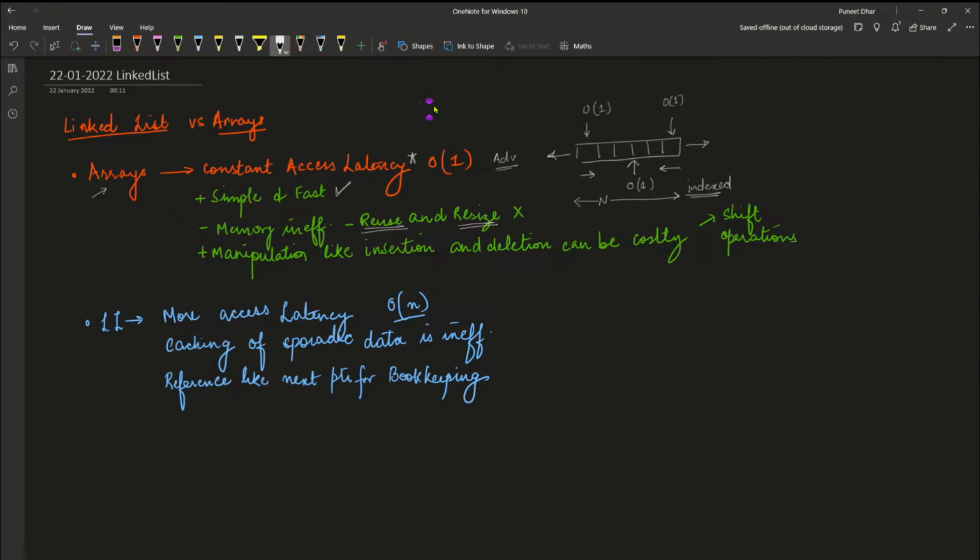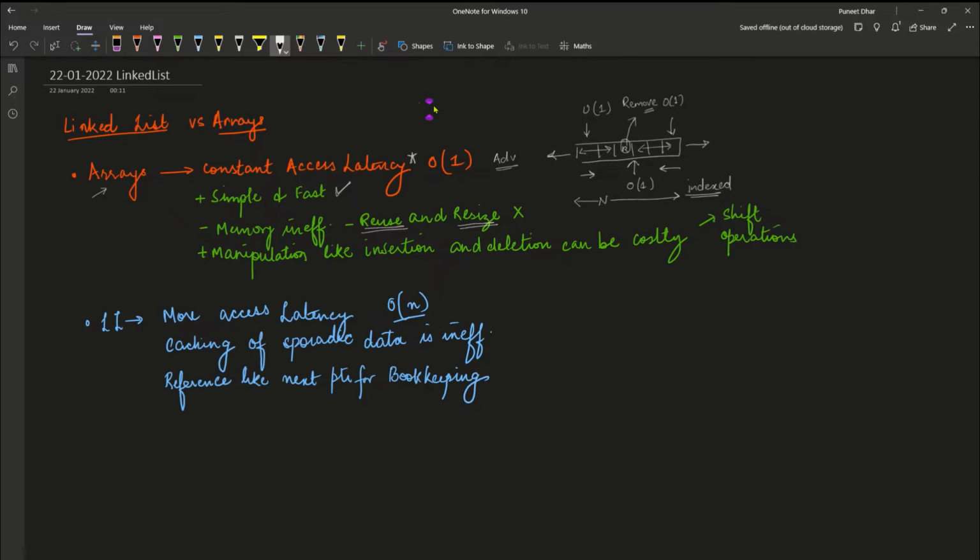And second, consider the fact that we have an element k here and we need to remove this. Now this means that the whole array needs to be contiguous with the previous remaining array.